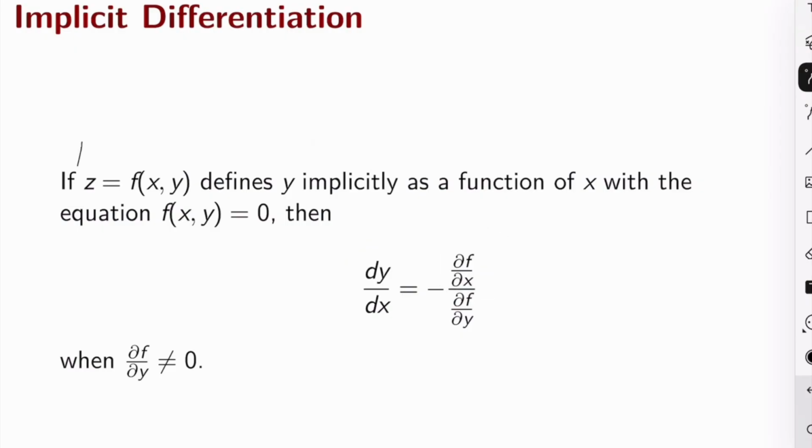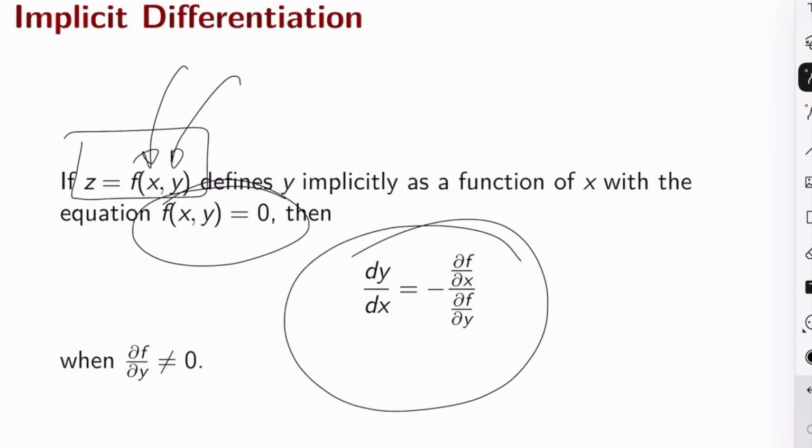So observe that we have here a given function of two variables that defines y as a function of x, but we don't have that function explicitly. We don't know y equals what. But if this function is defined by the equation f of x, y equals 0, then we can calculate the derivative in this way, of course, when the denominator is not 0.